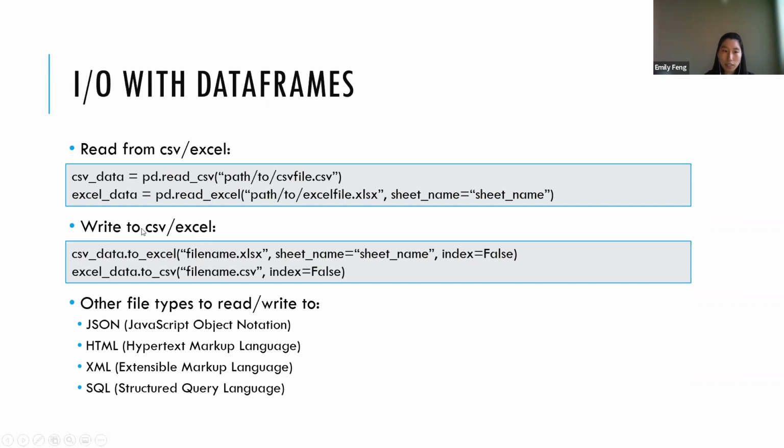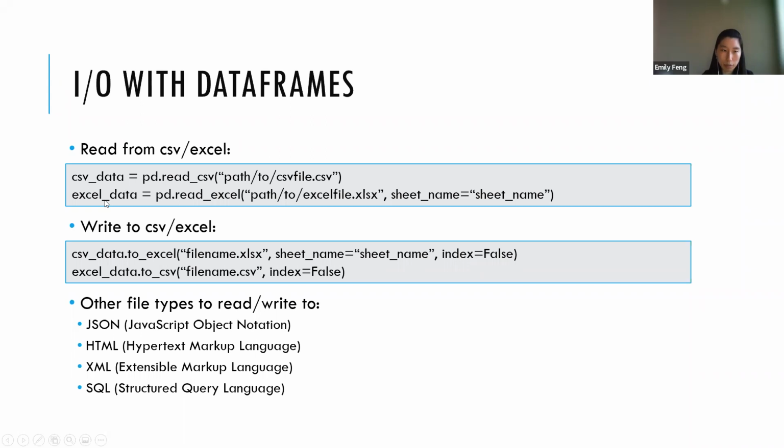Oh yeah, by the way, once you read it in, this csv_data variable or excel_data variable becomes a Pandas data frame structure automatically when you use this function to read in these files.